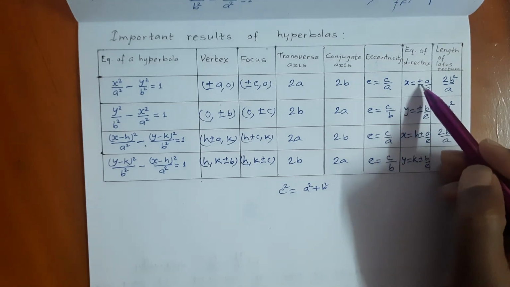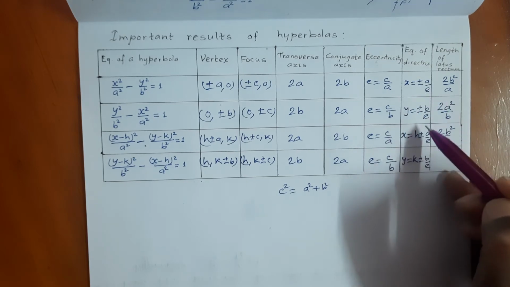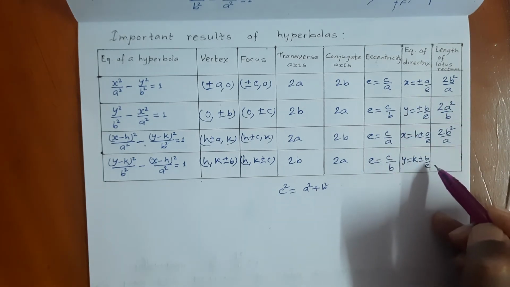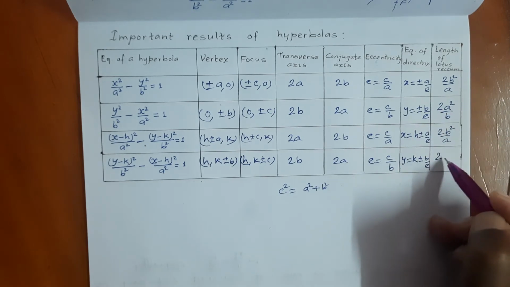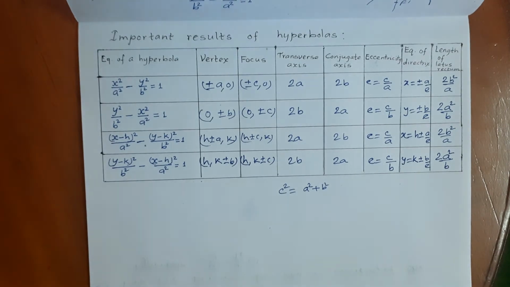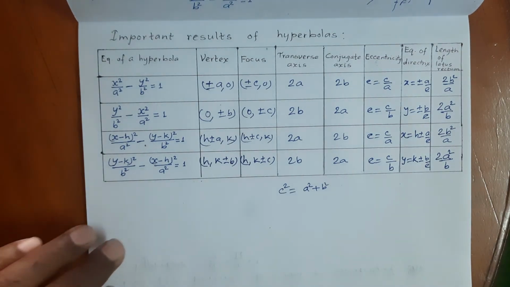Here it was x coordinate, so x coordinate h we had added, and now length of the latus rectum will also be same because size does not change. Okay, in this way we can write all the important results of the hyperbola, and this will be helpful to solve problems on hyperbola.